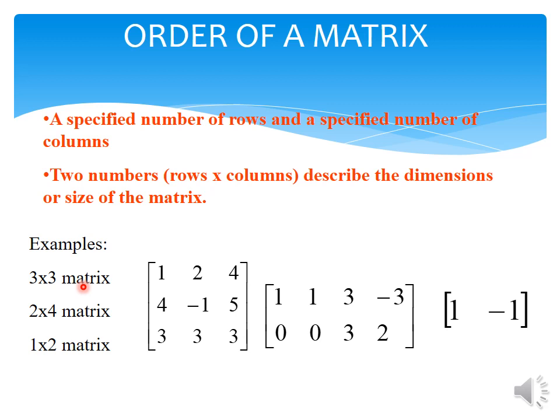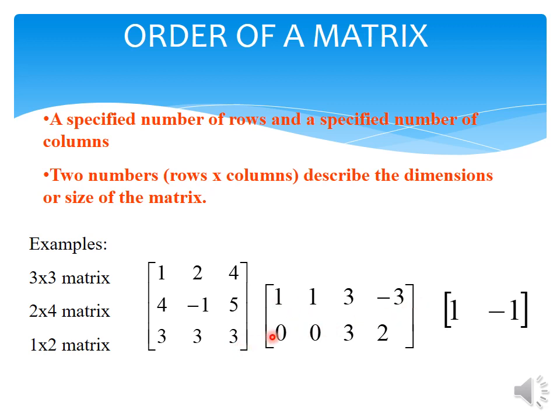Students, examples: order of a 3 by 3 matrix, order of a 2 by 4 matrix, and order of a 1 by 2 matrix. So students, here is the 3 by 3 matrix. It means 3 rows and 3 columns, so the order of this matrix is 3 by 3.